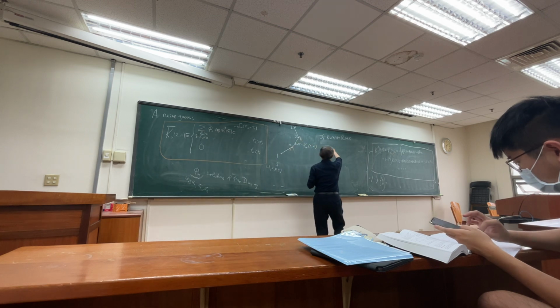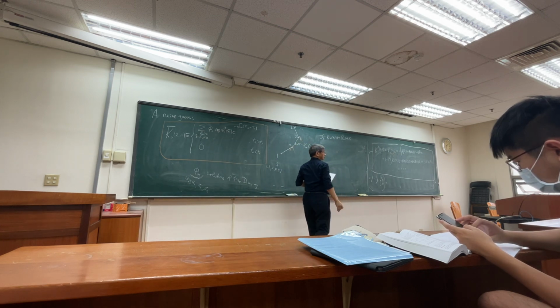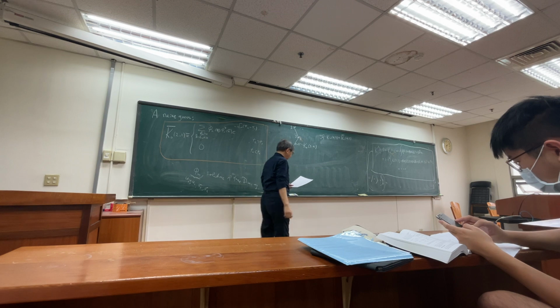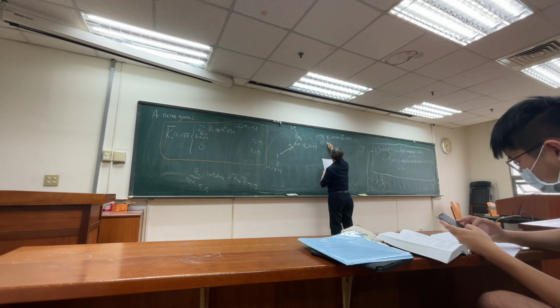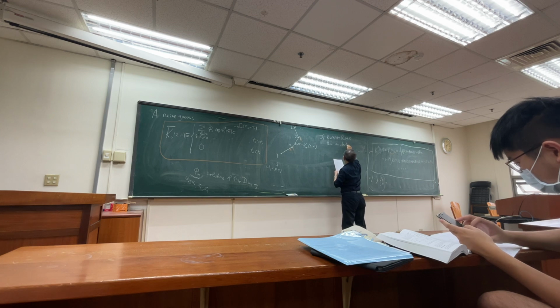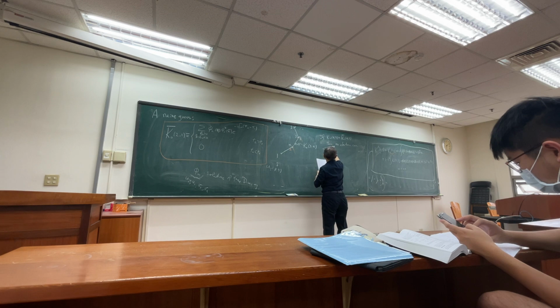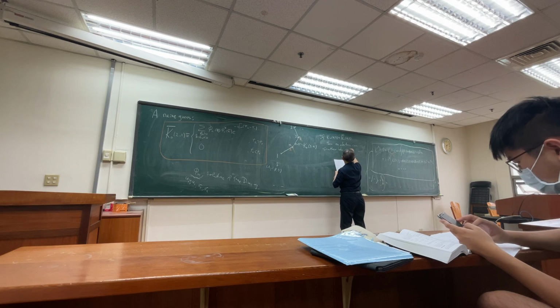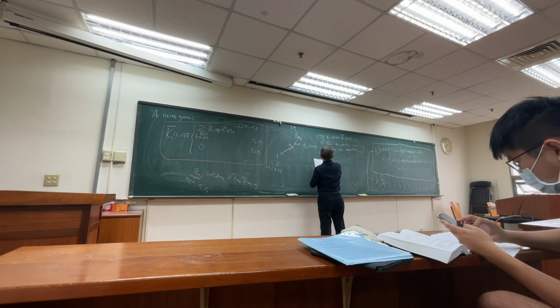So Feynman said that an electron can scatter into a negative energy state.